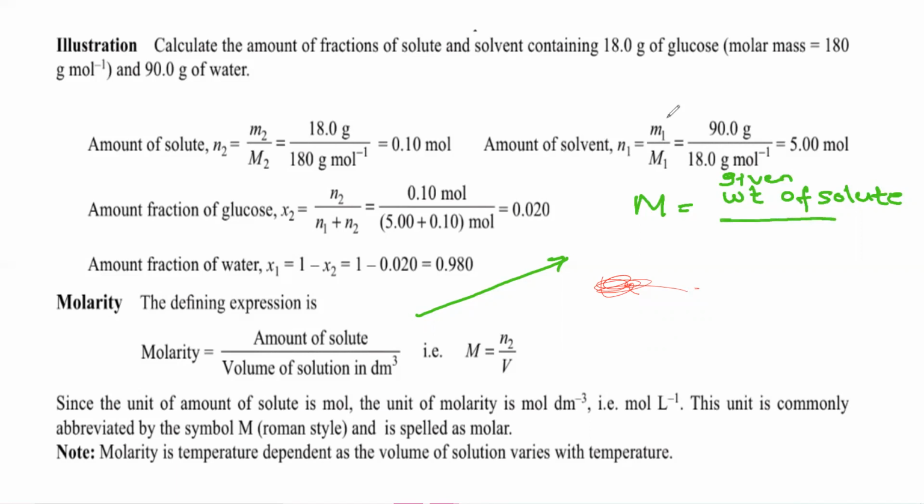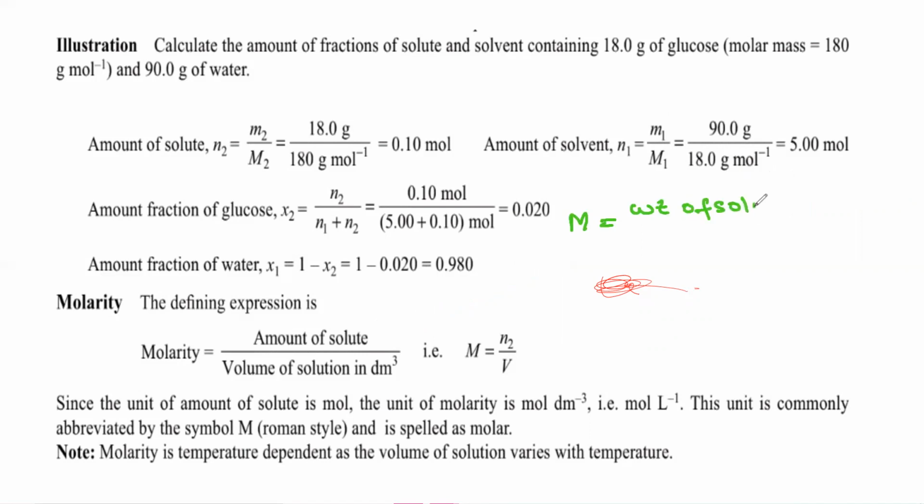Capital M is equal to weight of solute, small w, by molecular weight of solute, into 1000 divided by V, if the volume is given in milliliters. If the volume is given in liters, just divide by V. So in this way you can find it out.